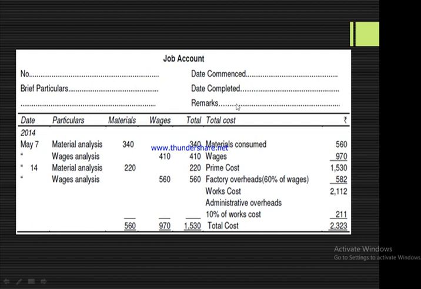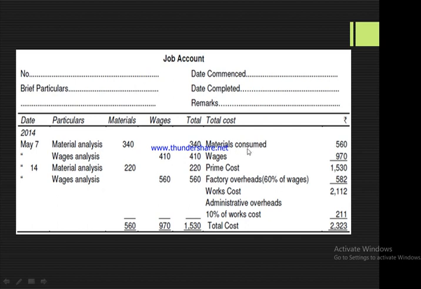So they can mention the reason for the delay or anything they have encountered. They also mention the different materials they have used, on which particular day the direct labor was working, and the cost incurred for that particular task.